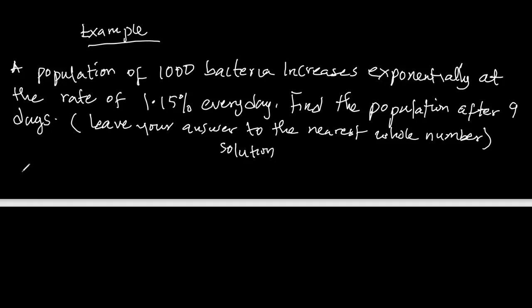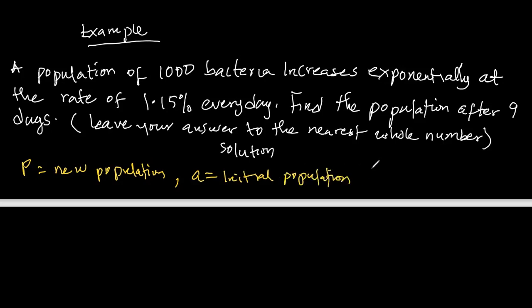So here, depending on what we want to use, let's say I represent P to be new population, A to be initial population, then B is going to be my multiplier.